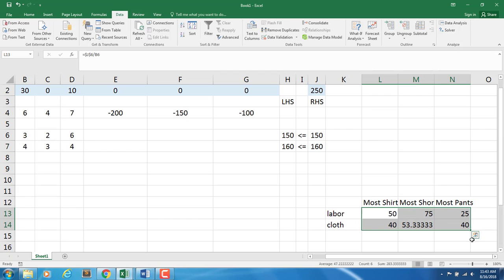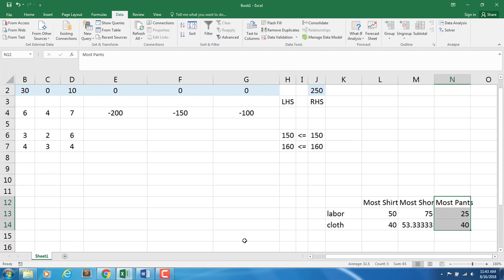So we're looking for a coefficient for each one of those that is bigger than any of these numbers, so that it forces it to go to 0 if it has to. You could pick any number that's bigger than any of these numbers. You can pick a separate number for shirts, shorts, and pants. I find it easier to use one, what they call big M, the letter M.